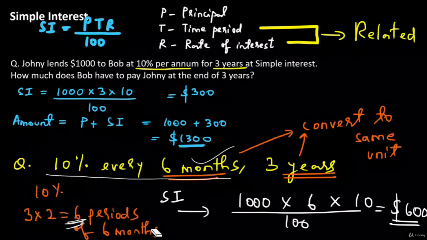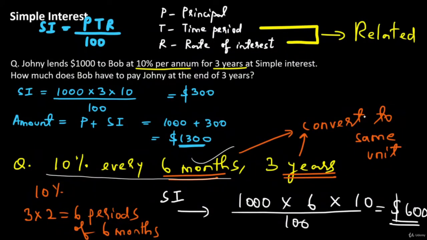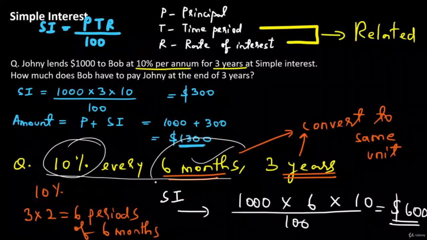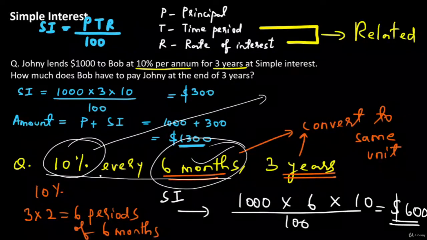Now over here what we did was we converted both of them into half year time periods. Now let's try to convert it into 1 year time period. What would happen? This 10%, if it is for 6 months, what would happen for 12 months, which is 1 year? That would be 20%. So if for 6 months it is 10%, for 12 months or 1 year it would be 20%.